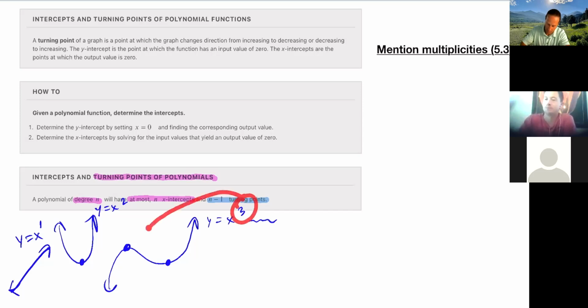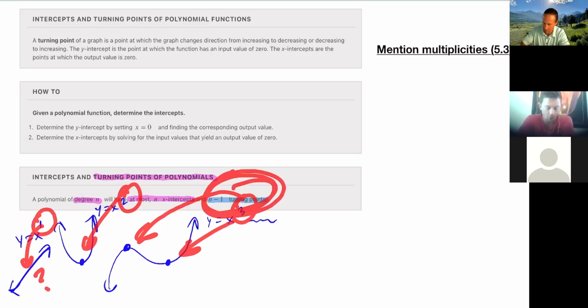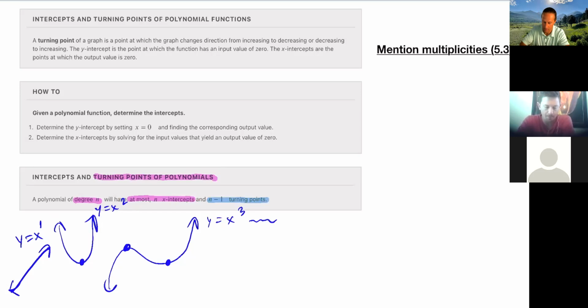Zero. Notice it's always n minus 1 turning points. Okay, very important concept for us because that then allows us to know exactly the maximum number of maxes and mins. Now we also know a cubic function can just look like this, the most basic one, and it only has 1 turning point. But that's why it says at most.